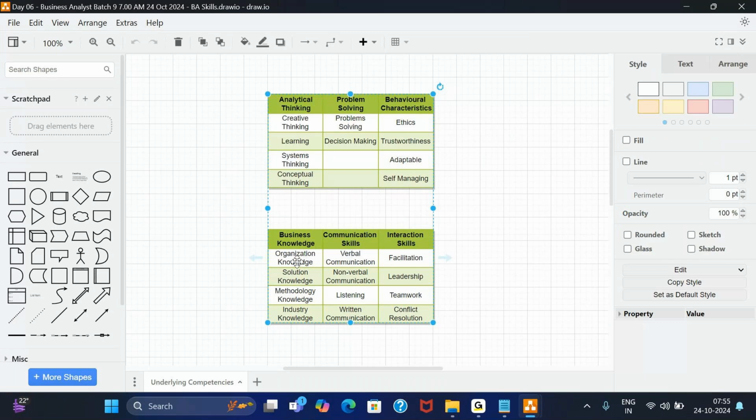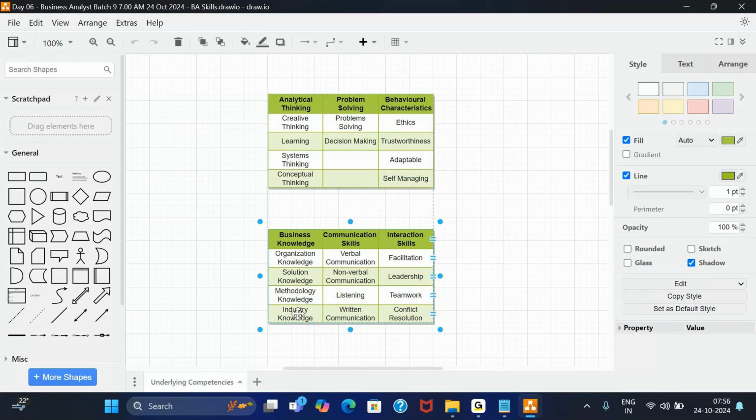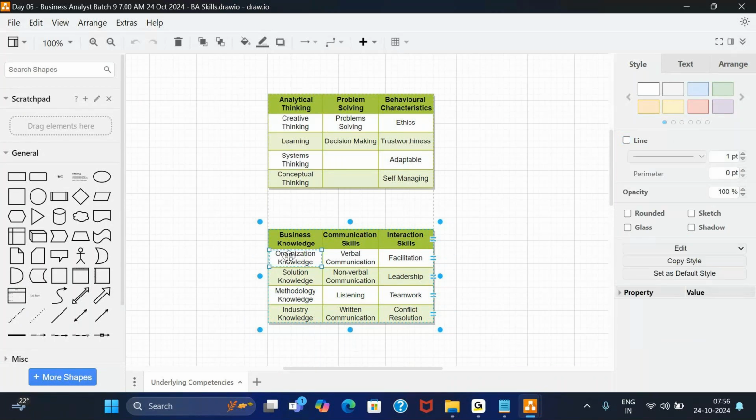Then methodology knowledge, that is knowing about the SDLC cycles like waterfall, agile, knowing about the industry in which the client operates. Suppose I'm working for HDFC Bank, and HDFC Bank falls into the banking industry. So I must have some level of knowledge about the banking industry in general, then what HDFC Bank does, about HDFC Bank as well.